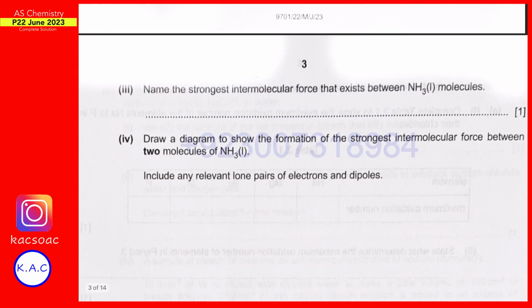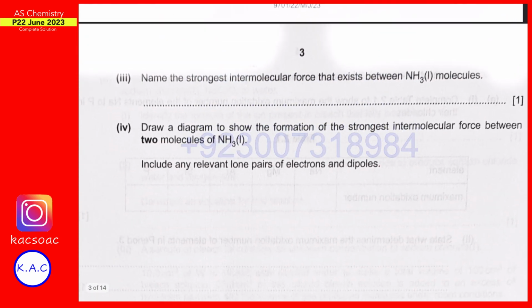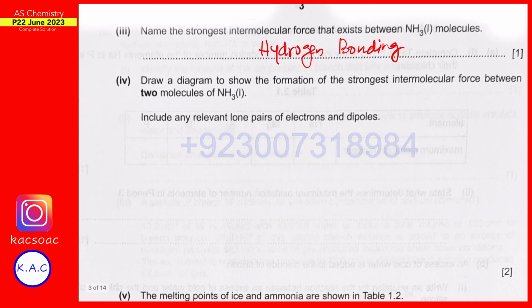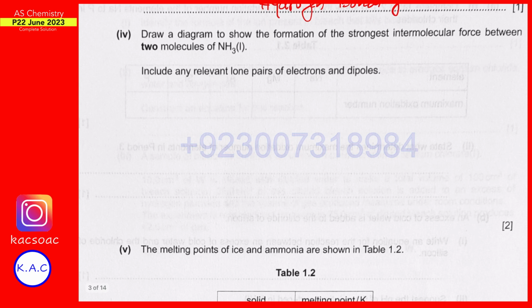The next one: name the strongest intermolecular force that exists between NH3 molecules, that is hydrogen bonding. Draw a diagram to show the formation of the strongest intermolecular force between two molecules of NH3. Here is one NH3, with a lone pair, partial negative, and partial positive on the hydrogens.